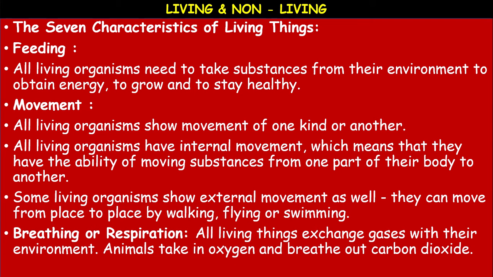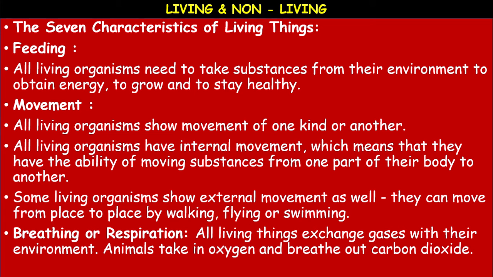Next characteristic feature, breathing or respiration. Third important characteristic feature of living organisms, breathing or respiration. All living things exchange gases with their environment. The animals take in oxygen and breathe out carbon dioxide. This is external respiration.